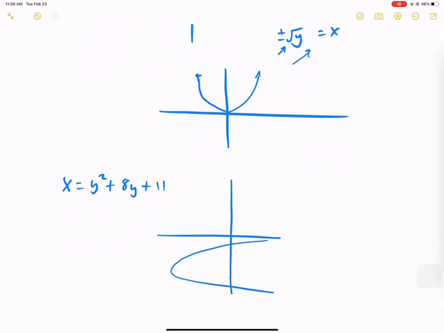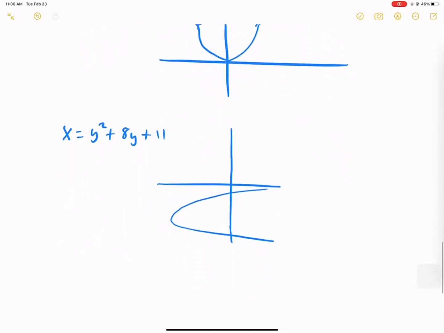So it kind of is like our regular y is equal to, except it's spun around on the wrong axis. It's still a parabola, but it's a parabola in the y direction. And please realize this is up and this is down, because the positive numbers are over here and negative.